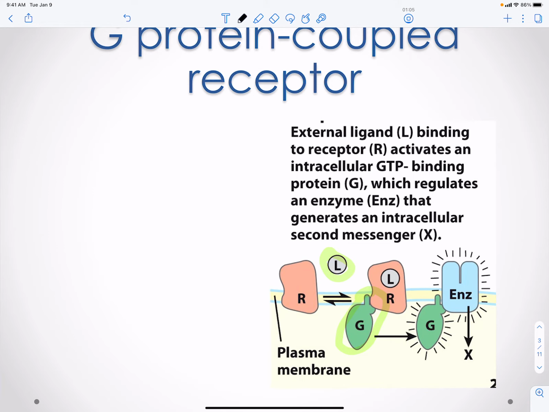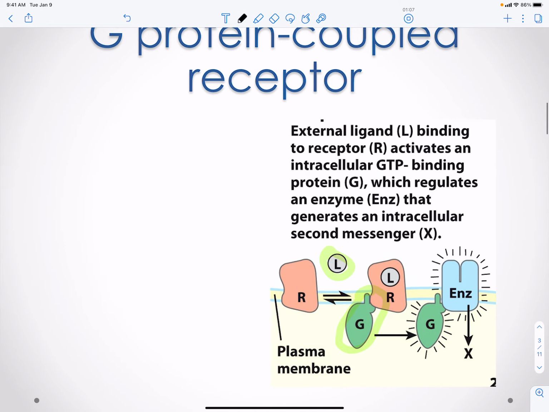Now these receptors are a trimeric G protein, so they have an alpha, a beta, and a gamma. It's the alpha that gets activated and dissociates from the beta and gamma. And then the alpha is going to go on and activate some downstream enzyme, and then you're going to get some substrate made from this.